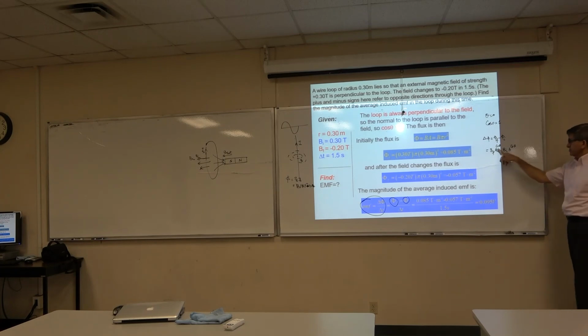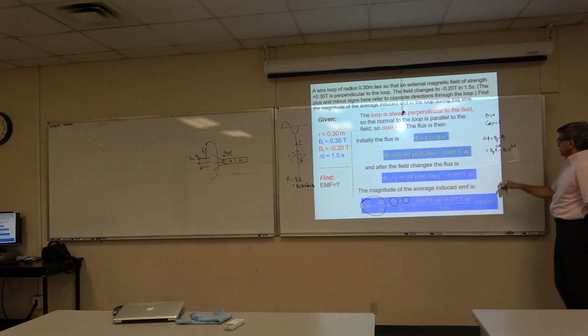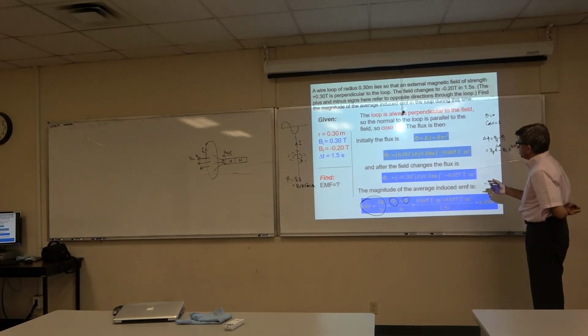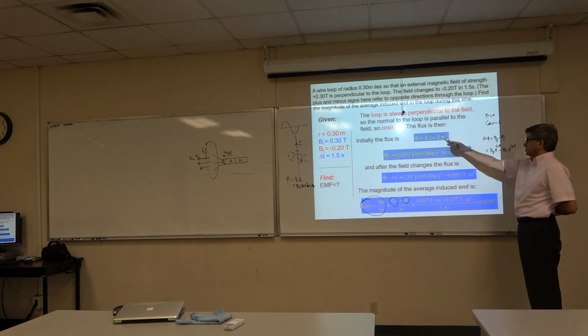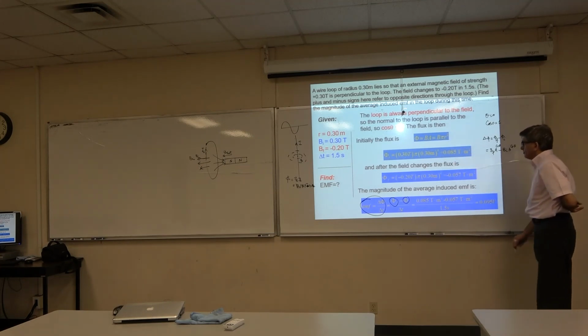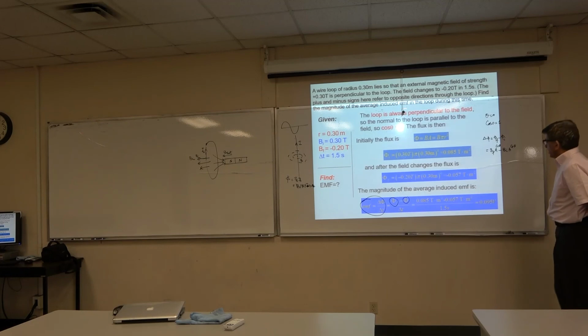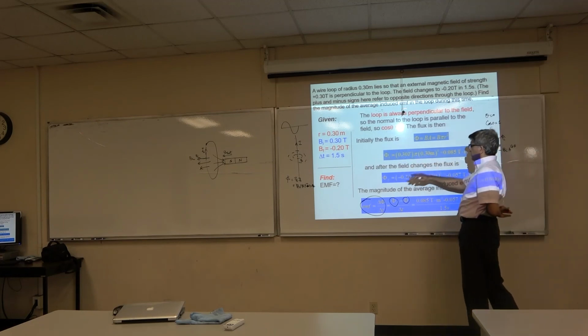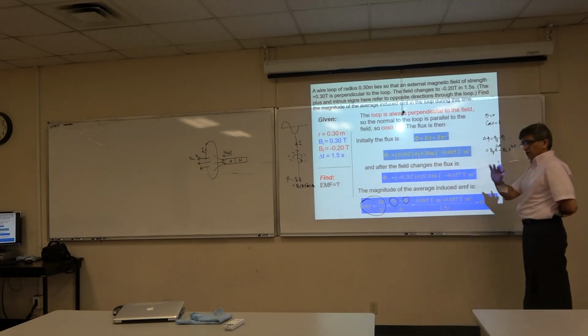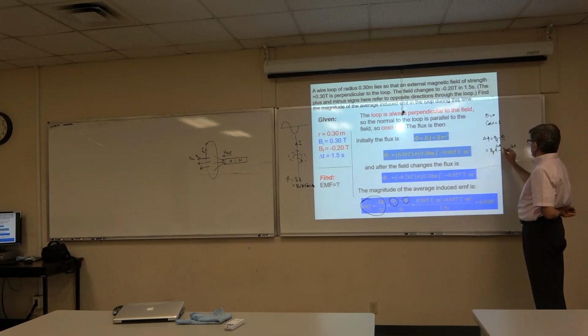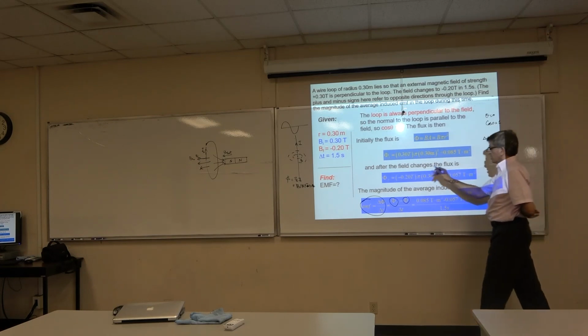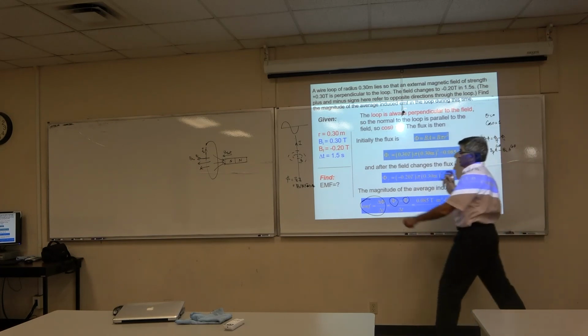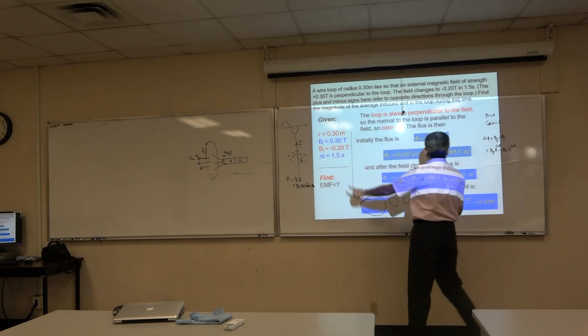Now the only thing I have is a circular loop, whose area is pi r squared, right? So I calculate the initial flux and the final flux separately, because otherwise it will confuse with the negative sign, since there is a negative sign with the magnetic field as well.